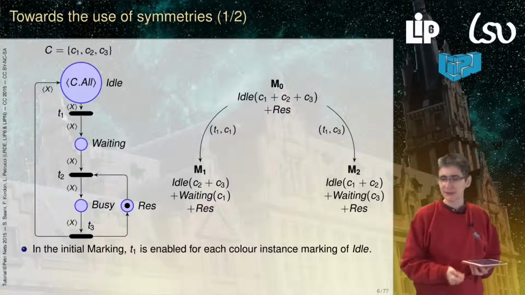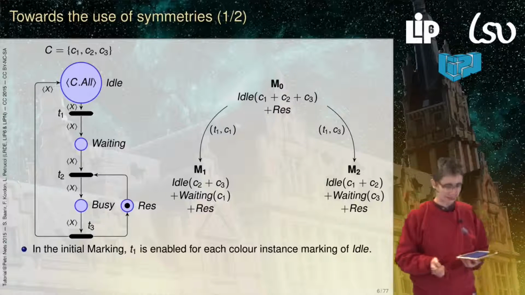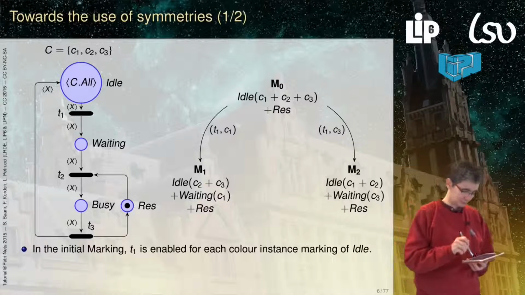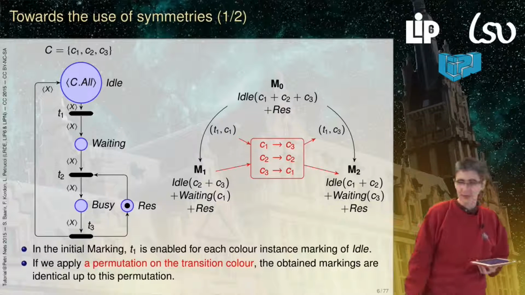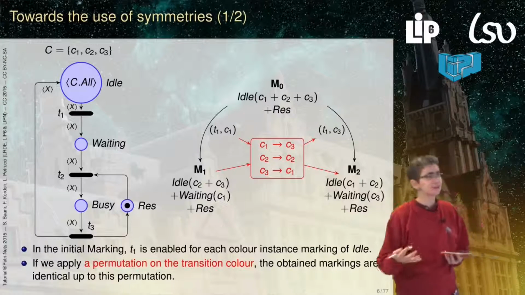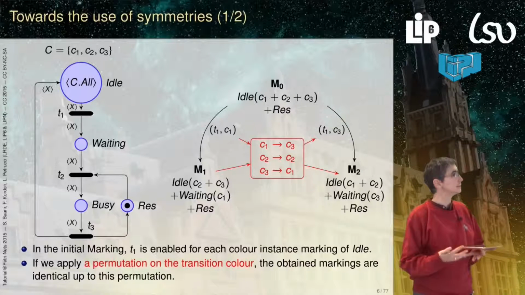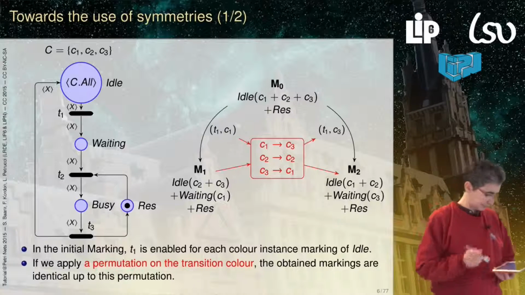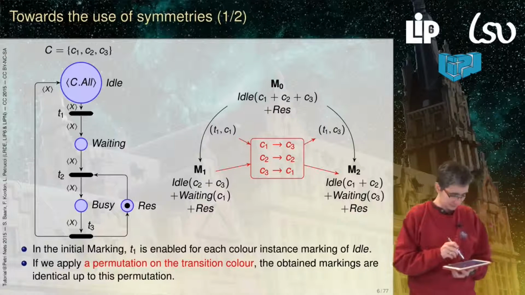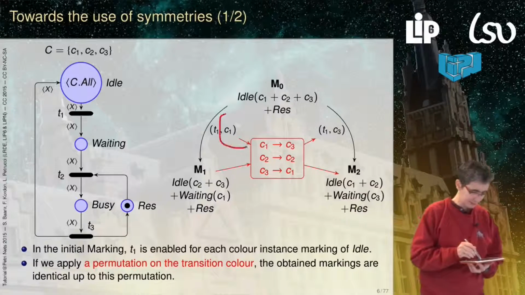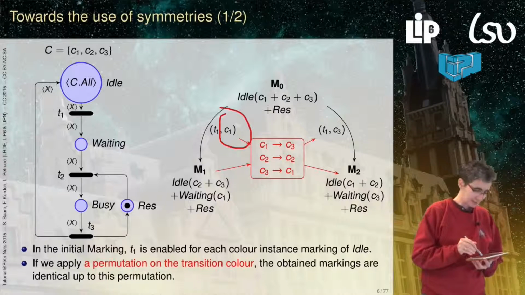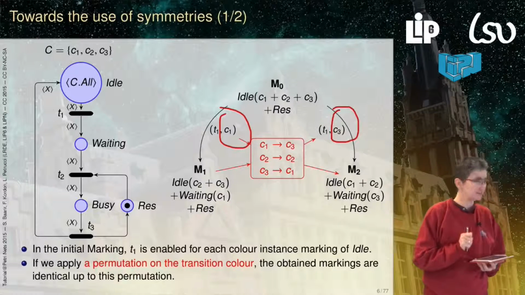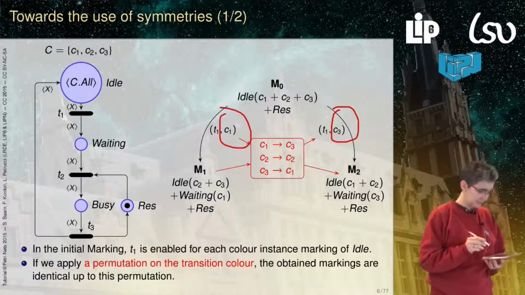Two tokens in idle, one in waiting, and one token in resource. Therefore, we can think that we want to represent them the same way, and we could say that color C1 here is similar to color C3 here. It plays the same role, right?